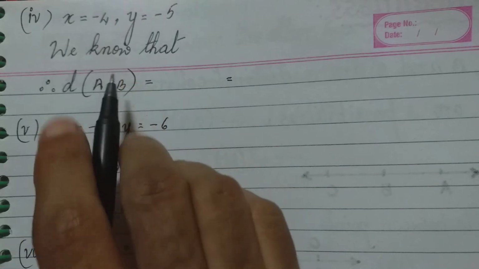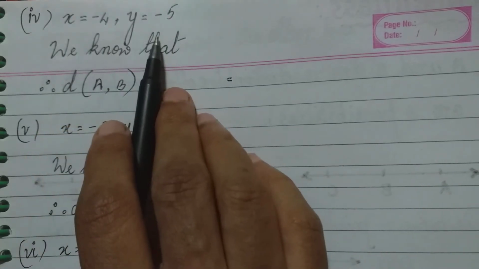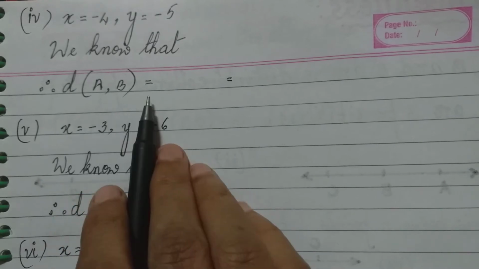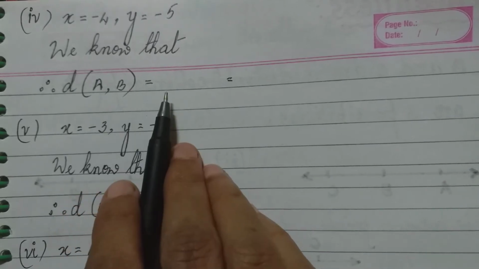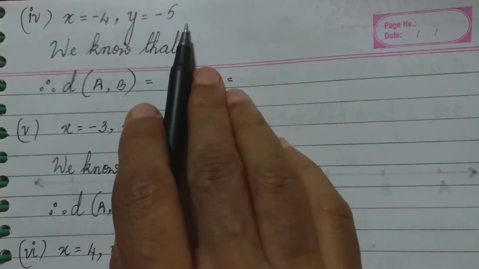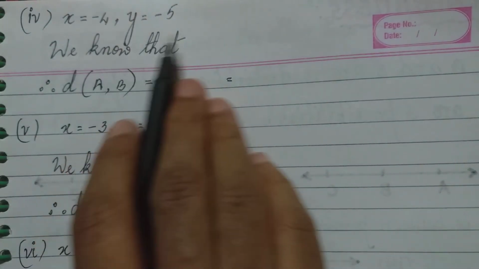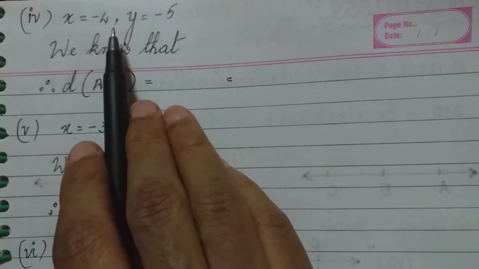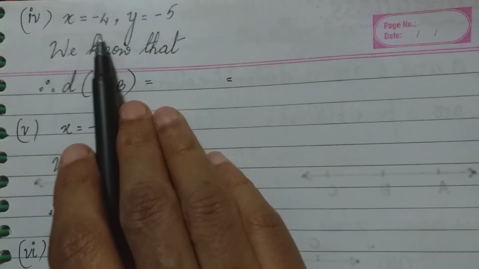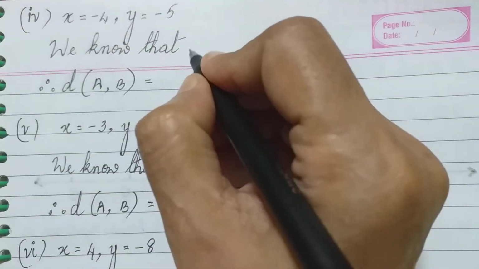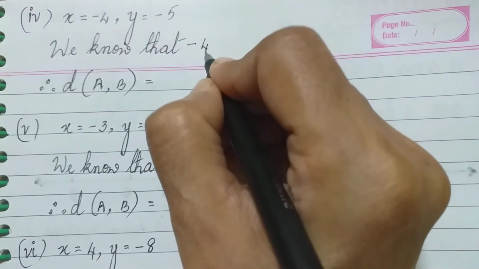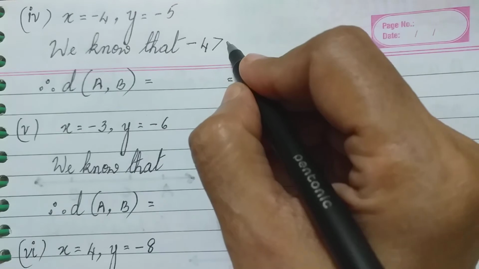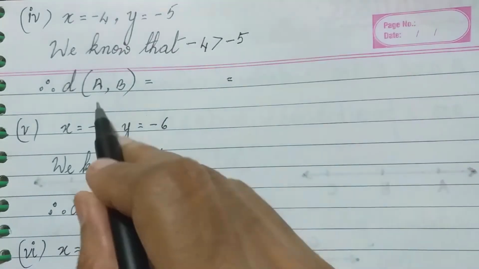Going to the fourth sub question, x is minus 4, y is minus 5. We know the distance between the points A and B. Okay, first we have to write which coordinate is greater than the other. Both are negative. So, the smaller number with a negative sign, that is minus 4, is greater than the bigger number with a negative sign, that is minus 5.